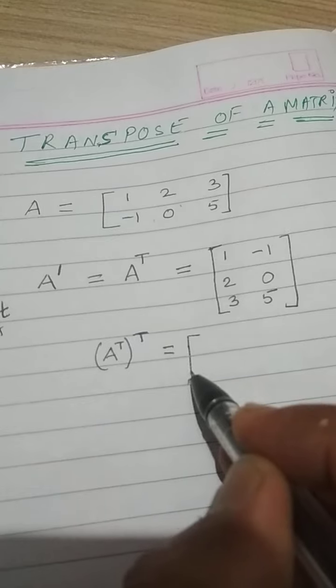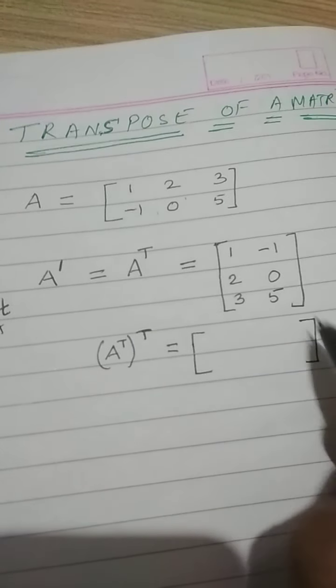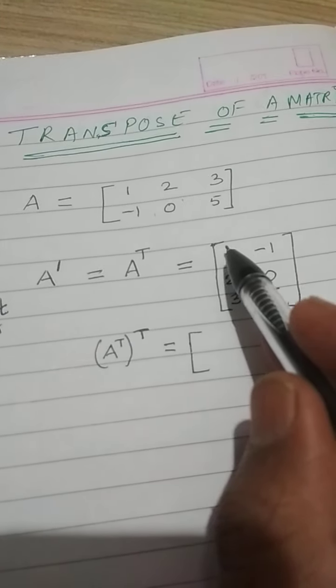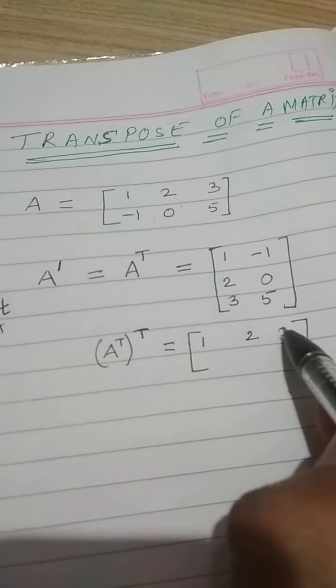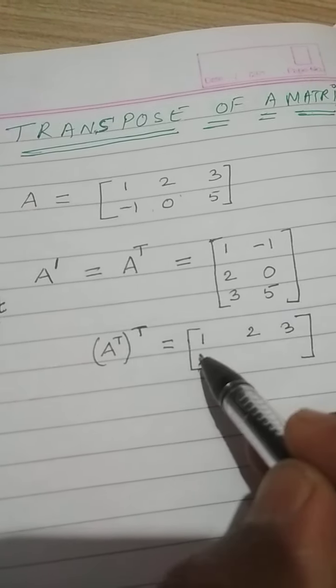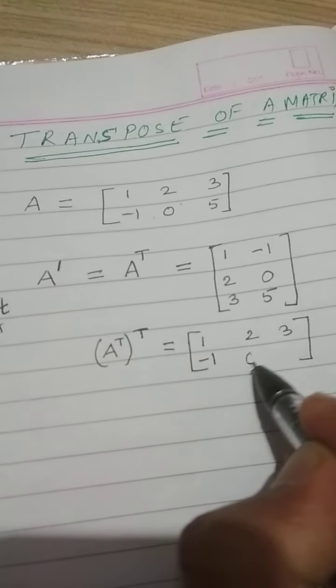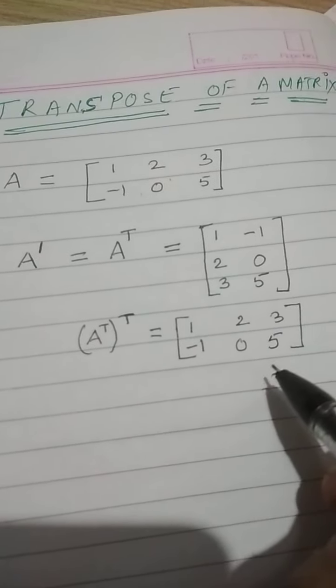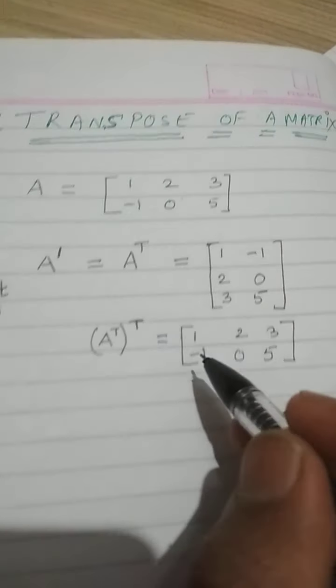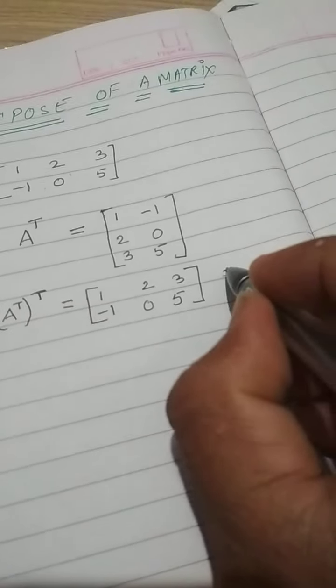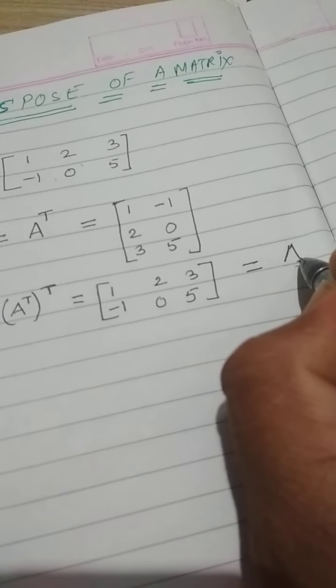That means we have to transpose it. That means this first column is going to become first row, and second column is going to become second row. This is called the transpose of the matrix. Hence, again it is becoming equal to the original matrix.